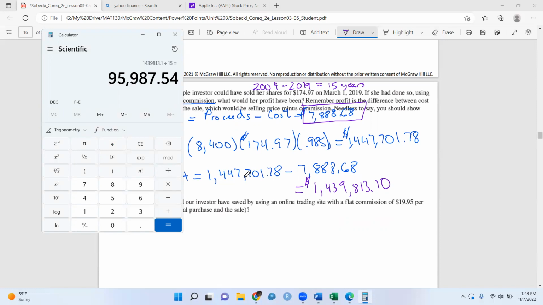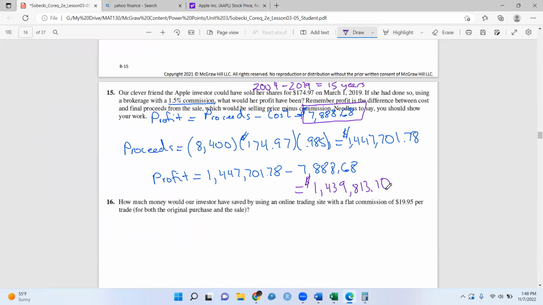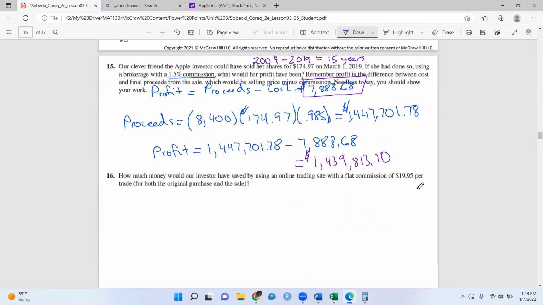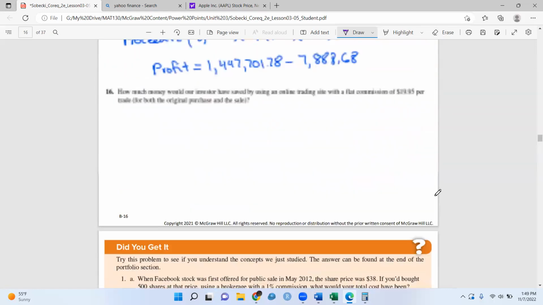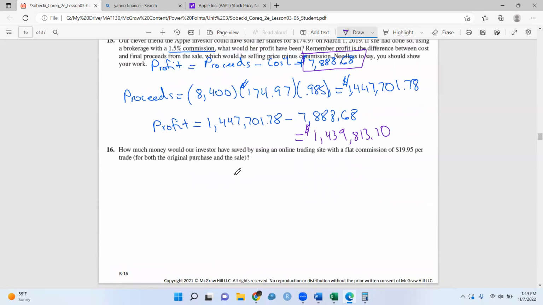Now, one of the things that investors look at is not the amount of cash you bring in. Think about these big companies that are making millions and billions and trillions. Well, very few companies are making trillions of dollars, but their profits are in the high millions and billions. What we're most interested in is the percent profit per year. So what we want to do is figure out what percent of the original investment we got as a return.